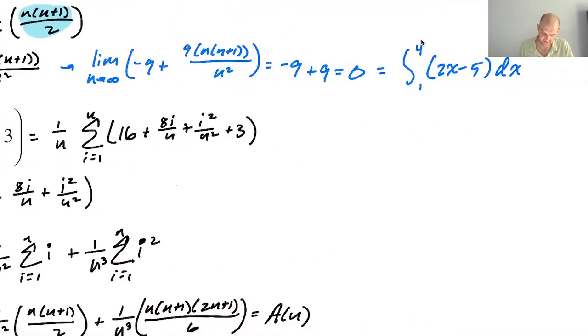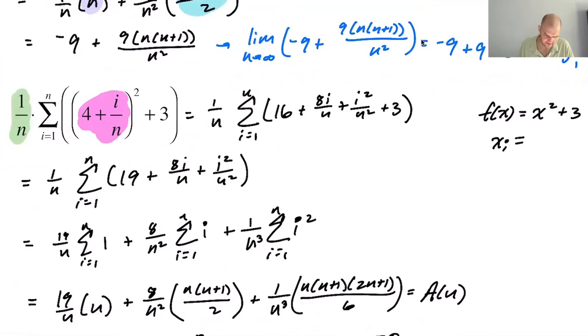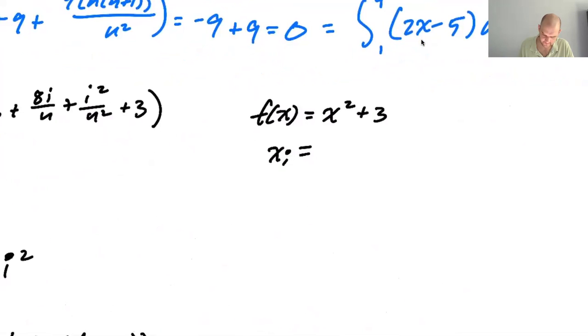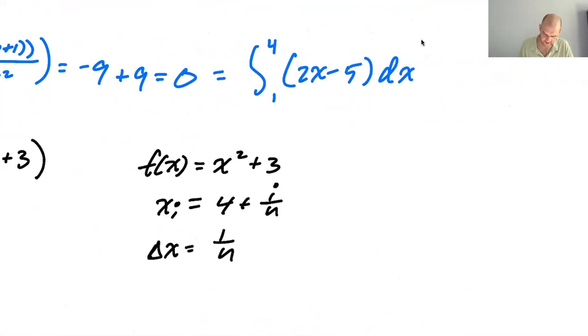So I'm going to write that down. I think that f of x is x squared plus 3. And I think the thing being plugged in is 4 plus i over n. And so I think that delta x is 1 over n. And then I'm going to find x0 and xn.